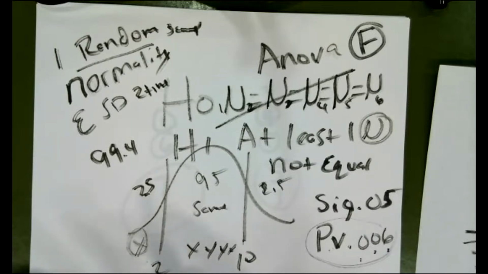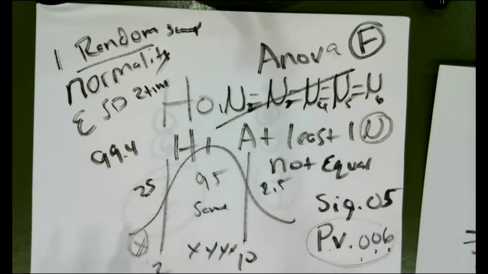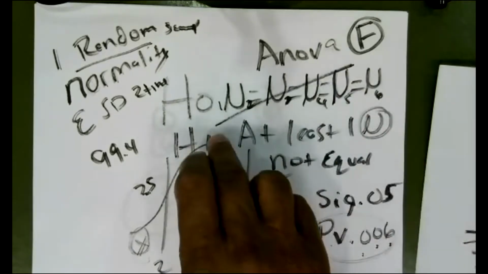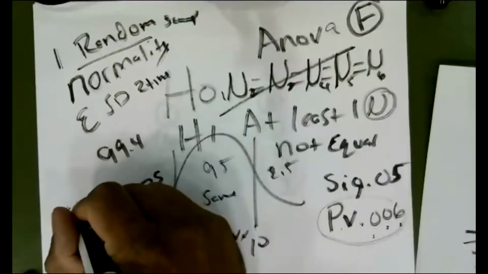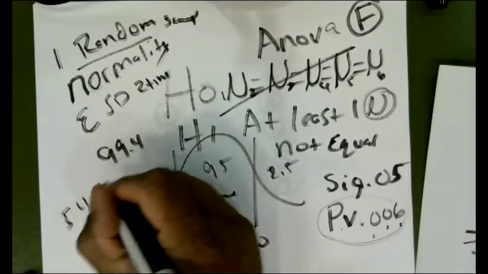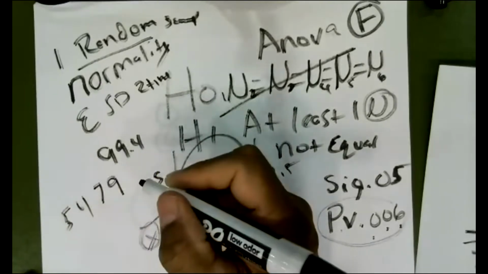Okay. So if you have 6 samples here, and one standard deviation is 5, another one is 4, another one is 7, another one is 9.